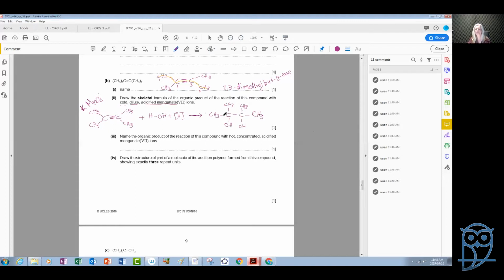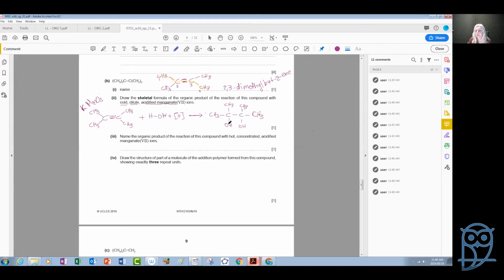So you see the 2 methyls are still there on both carbons, but in addition, the double bond here broke, and we have the 2 hydroxy groups now attached to it, and there are no more double bonds.